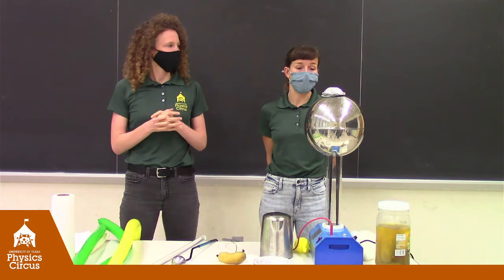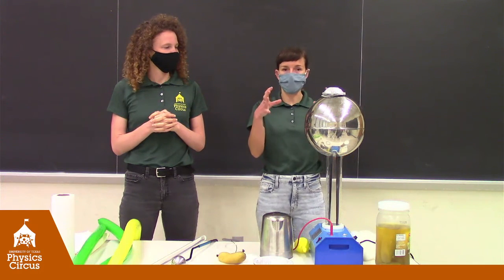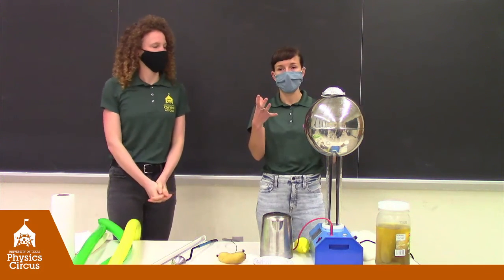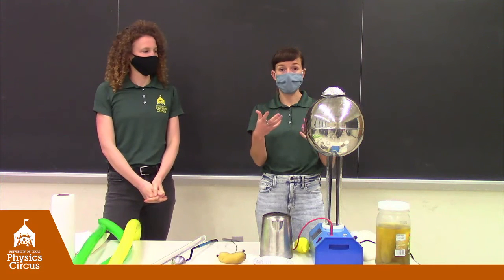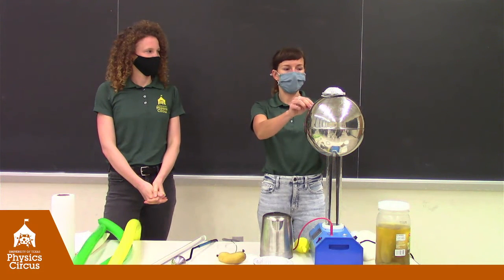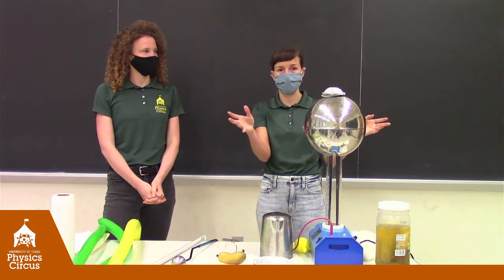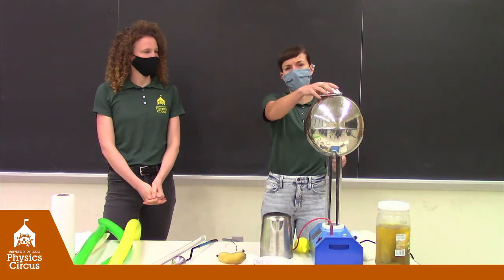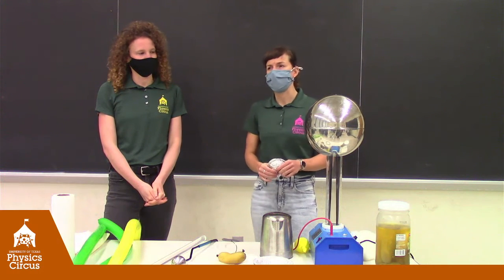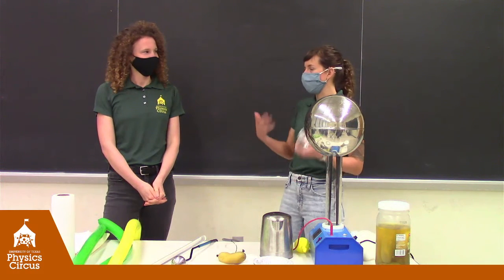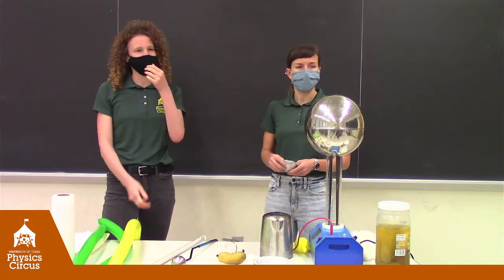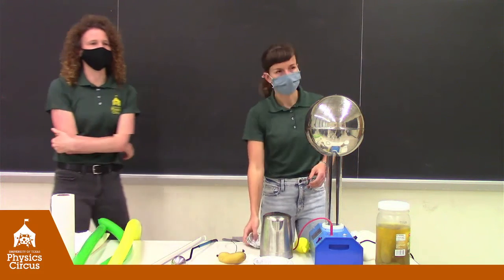The thing that's missing in this case is the glass around it. There's some kind of gas inside that allows you to see the path the electricity is taking. I'm not sure how those work.